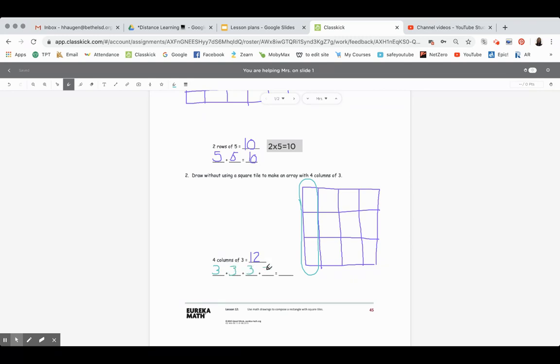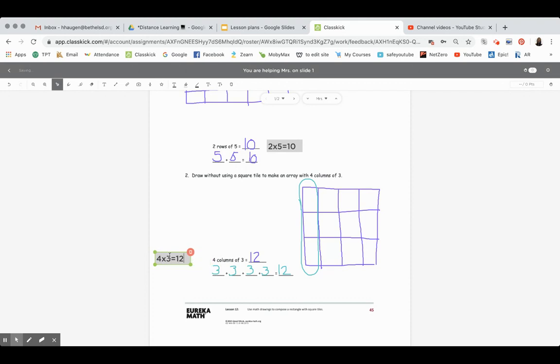And I have 4 columns, so I have 4 3s. And my total is 12. And for those of you that like to add the multiplication on here, this is what I use. 4 columns of 3 means 4 times 3 equals 12.